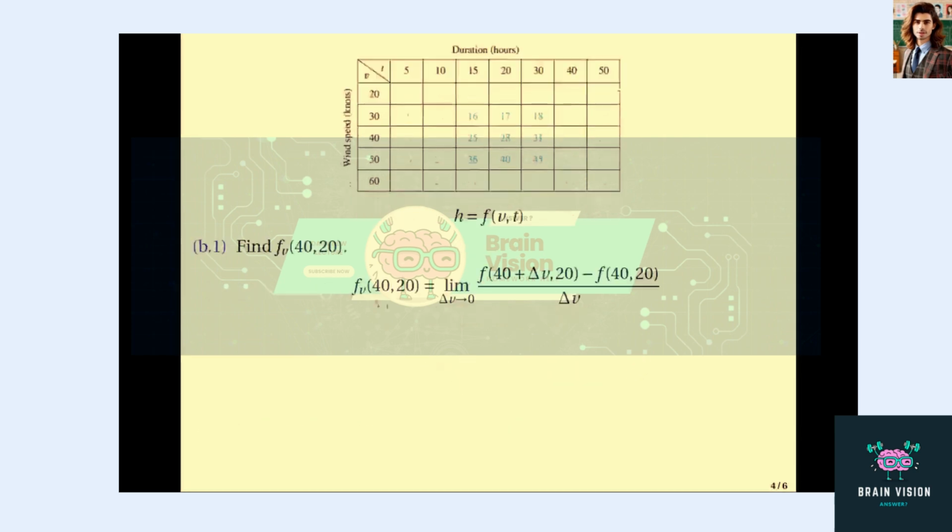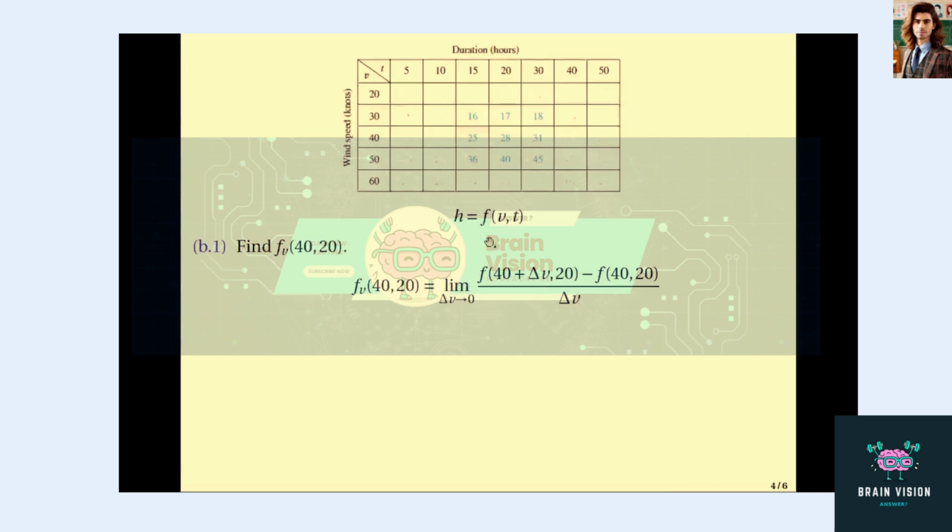For the next step, we want to find the partial derivatives of f evaluated at 40, 20. For instance, we have f sub v of 40, 20. We recall the definition: it is the limit as delta v goes to 0 of f of 40 plus delta v, 20 minus f of 40, 20 divided by delta v.